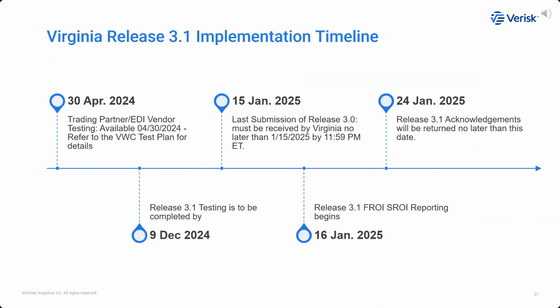Mandatory Release 3.1 FROI and SHROI reporting will begin on Thursday, January 16th, 2025. And after a review and transition period, Release 3.1 acknowledgments will be returned no later than January 24th, 2025.